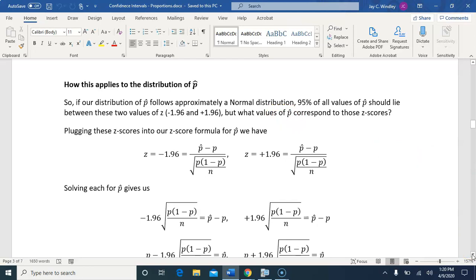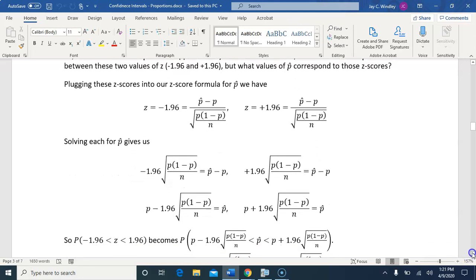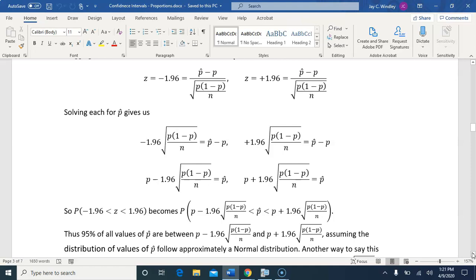So we're going to pop those z-scores, negative 1.96 and positive 1.96, into our z-score formula for p-hat, giving us this and giving us this. And then we're going to solve both of those for p-hat. First of all, multiplying both sides by the radical, and then adding p to both sides. So therefore, saying that z is between negative 1.96 and positive 1.96 is the same thing as saying that p-hat is between p minus this expression and p plus this expression.